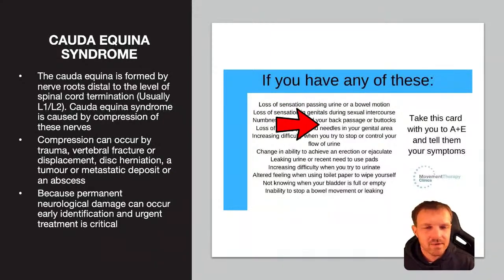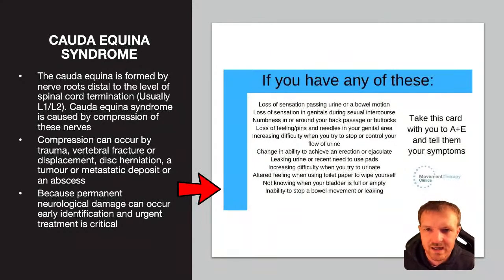They can be things that you don't often think about with back pain. You can screenshot that and have a look. It's based on a card that was given out by a group who did a paper about cauda equina and spotting it early in clinic.